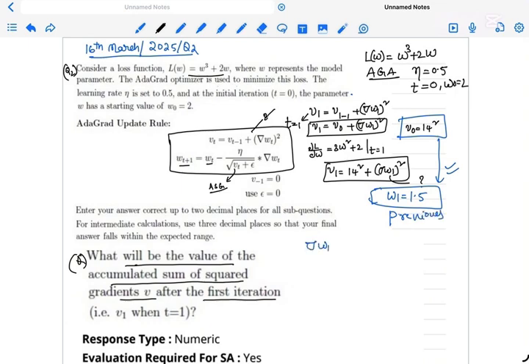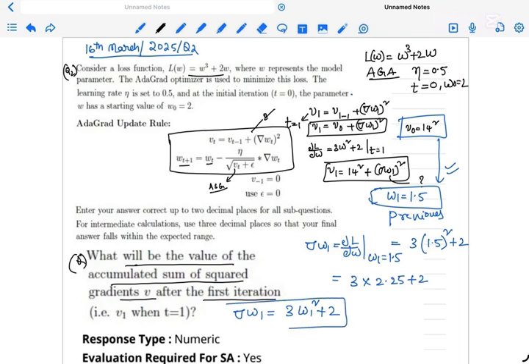Delta W1 equals dou L by dou W at W1 equals 1.5, equals 3 times W1 square plus 2. 3 times 1.5 whole square is 2.25 plus 2. Okay.